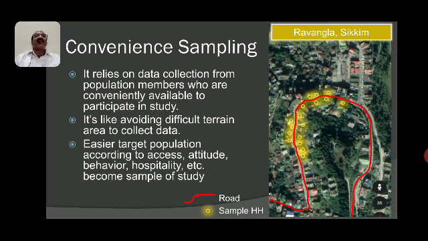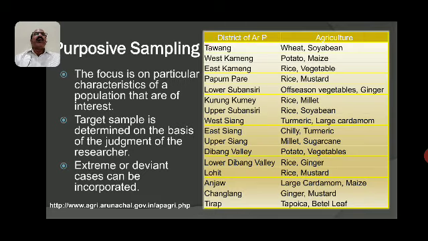Likewise, there are certain conveniences as well as inconveniences on the basis of which the sampling is done or avoided.